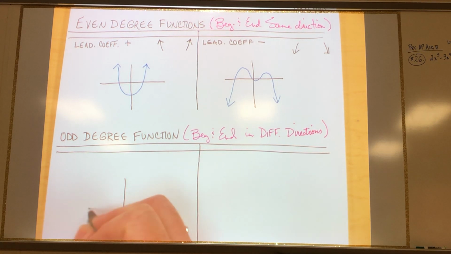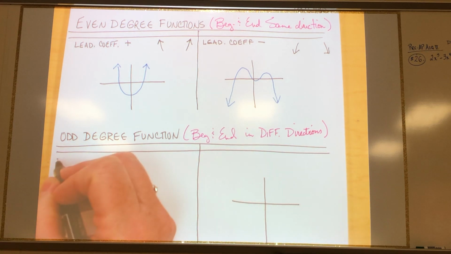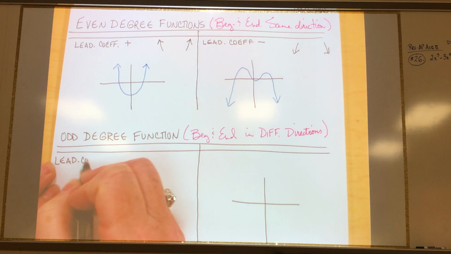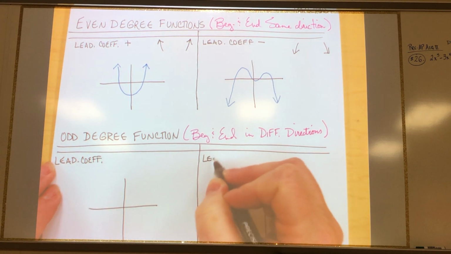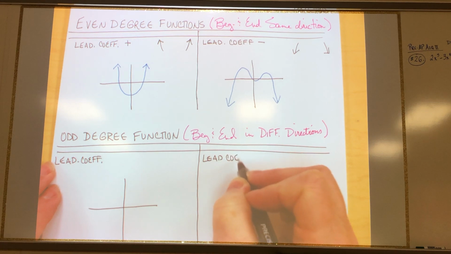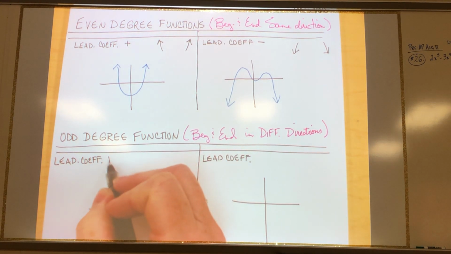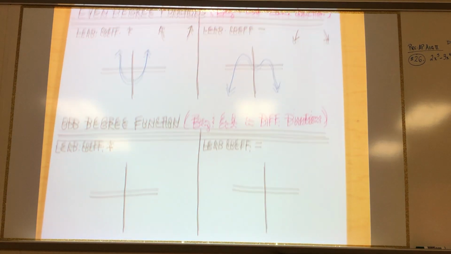Going to have two graphs, obviously. And we're talking about my leading coefficient, the sign of the leading coefficient. Okay, over here, we're going to line them up. This is going to be a positive leading coefficient. This is going to be a negative leading coefficient.